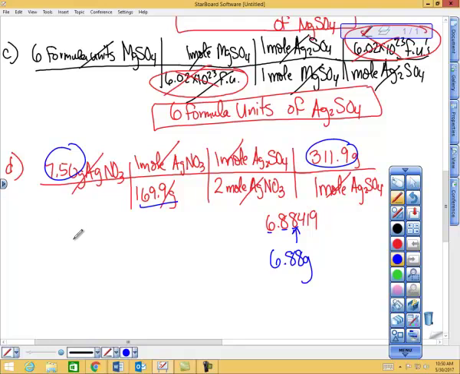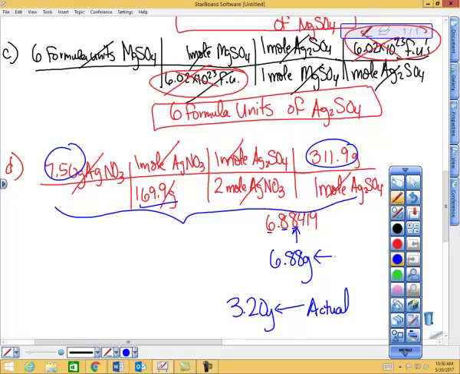Now look at what we did in order to figure this out. This math means that you have calculated how much you were supposed to get. That is sometimes called your theoretical yield. Now in part D, it says, and I produce 3.20 grams. That right there is what you actually got. This right here is what you were supposed to get, your theoretical yield.